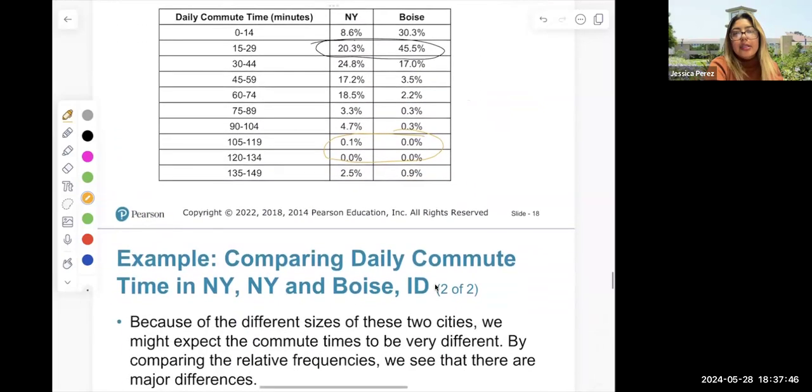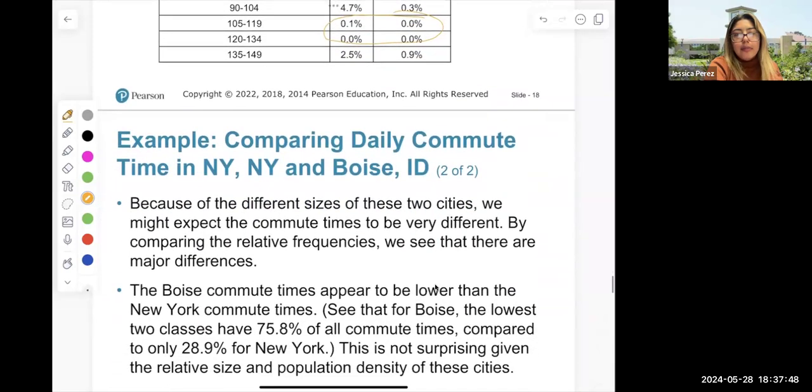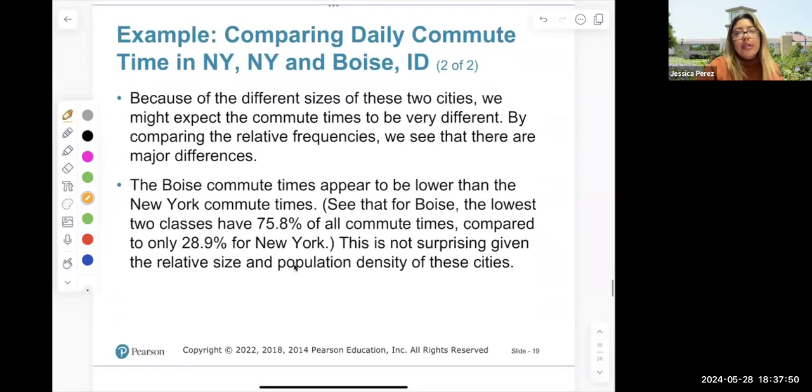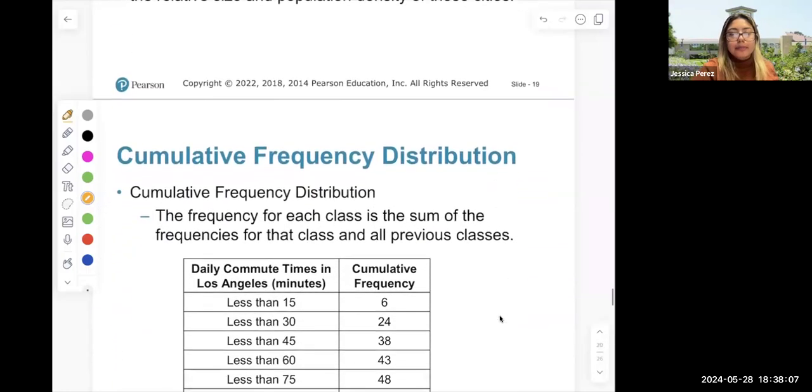Looking at the percentages, where do they become? These results are not surprising, and they're not very eye-catching, because we might expect that in a city that is very popular like New York, the commute times will definitely be longer than in the other city.